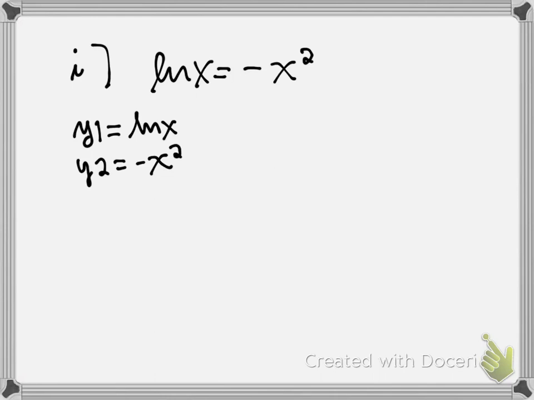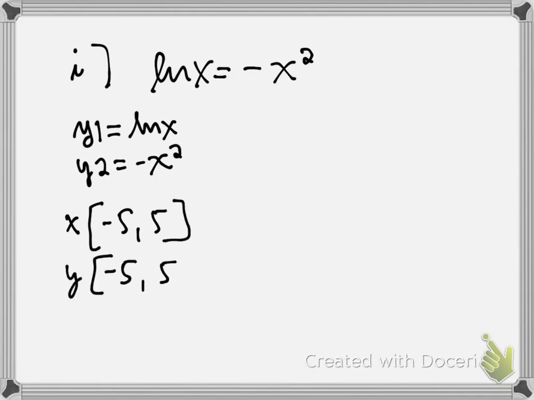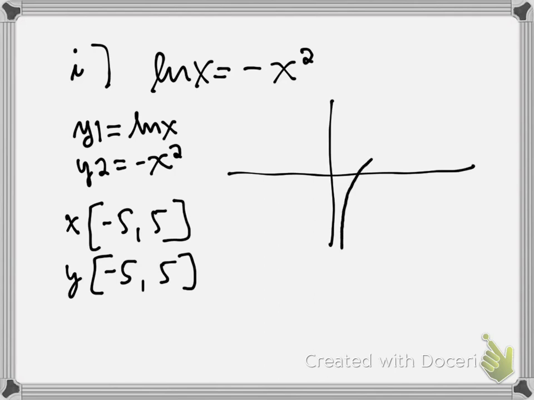Now my window for this was -5, +5, and y minimum -5 and maximum +5, and I got this graph. So the ln, since the ln is actually the inverse of the e to the power x, it looked like this. That's how it should look like.